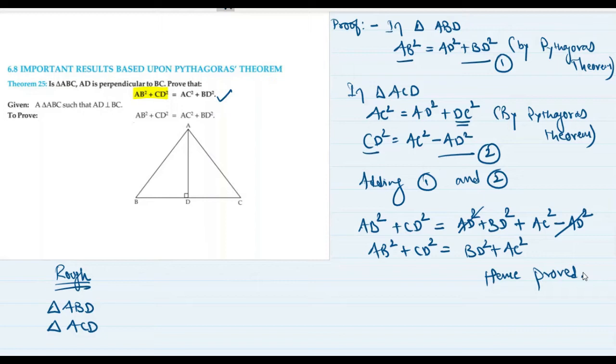Here we needed to prove the value of AB square plus CD square is equal to something. So first we found out the value of AB square and CD square from our results of Pythagoras theorem on the different right angle triangles. And then we added those two values, AB square plus CD square, and we got our answer in 3 steps. Correct? So this is what we are going to do.